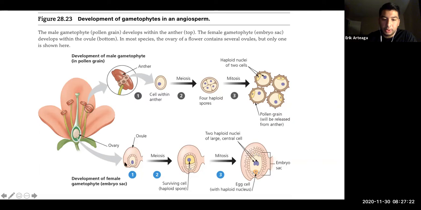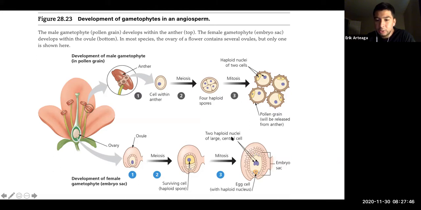The ovule and the ovary are a little bit different, so meiosis occurs. You have cell development, and the surviving cell is a haploid spore. And the only time this can be fertilized or turned into a zygote is if a pollen grain lands on the stigma and travels down and actually enters and fertilizes the egg.